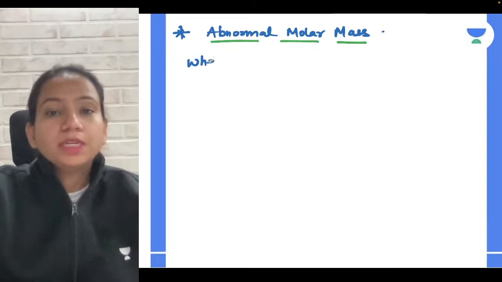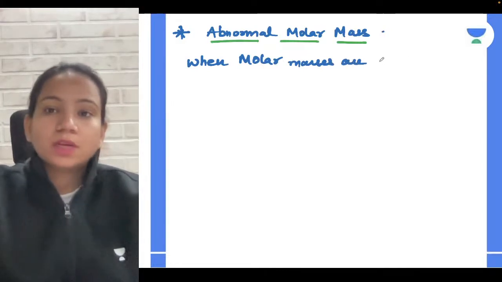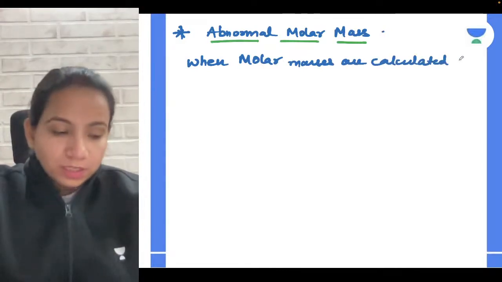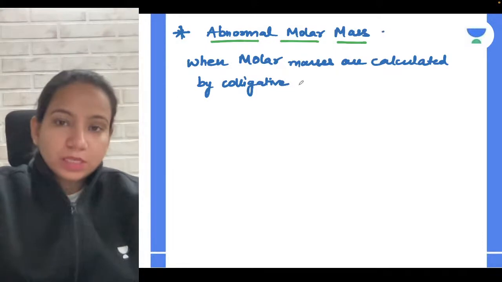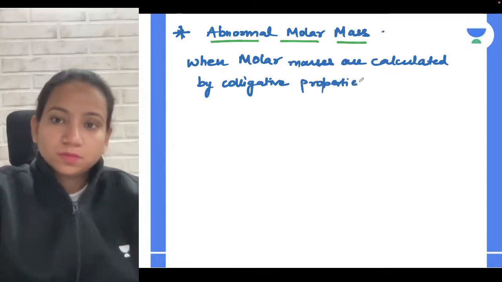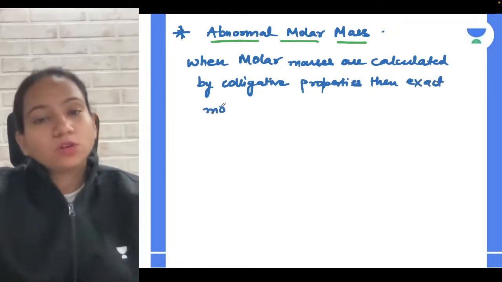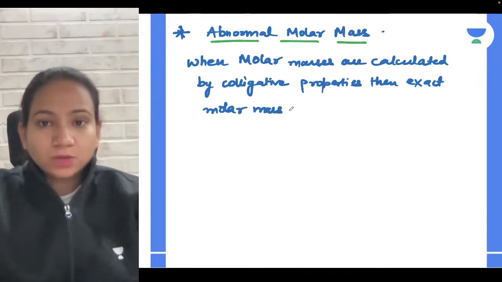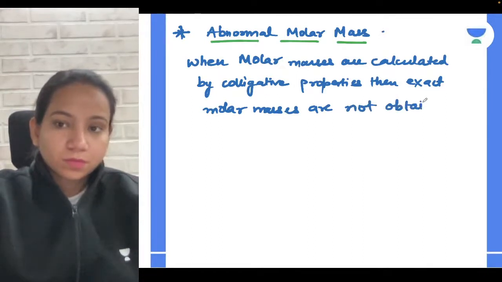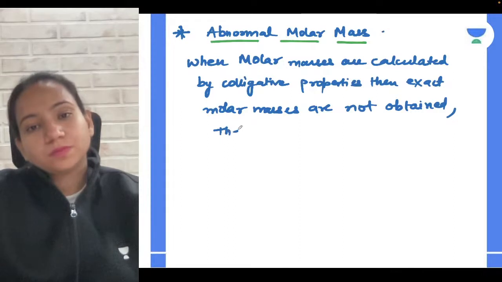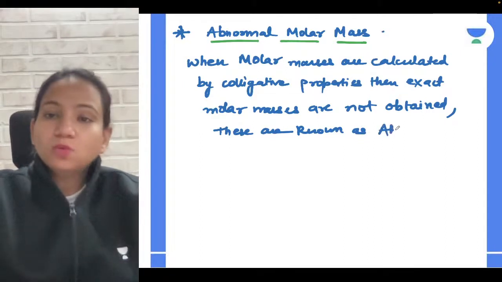So when molar masses are calculated by colligative properties, exact molar masses are not obtained, and these are known as abnormal molar mass.